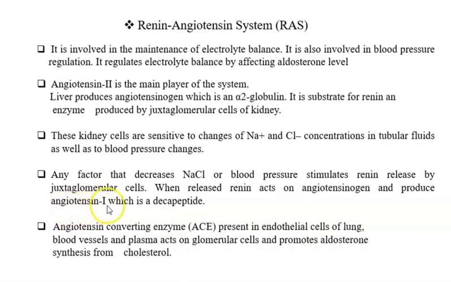When angiotensinogen is converted to angiotensin 1 by this enzyme renin, this angiotensin 1 starts circulating in the blood. When it reaches the lungs, the lungs already have an enzyme, angiotensin converting enzyme.